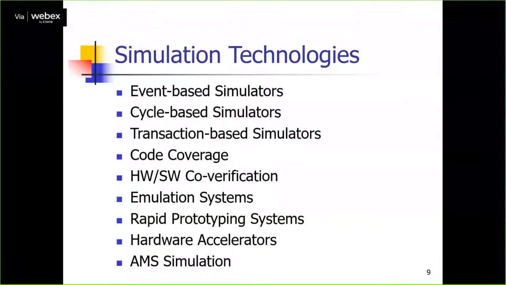Normally we look at either event-based or cycle-based, where the signal is taken as an event, presented to your system, and analyzed at your output values. But in transaction-based simulators, you give the input as transactions, as tokens, as time-based signals.